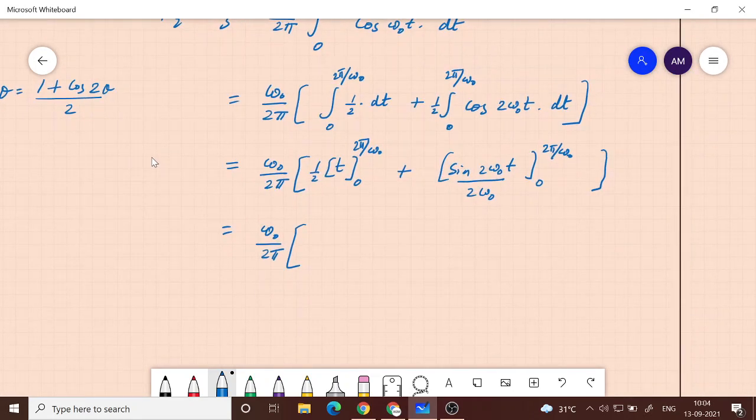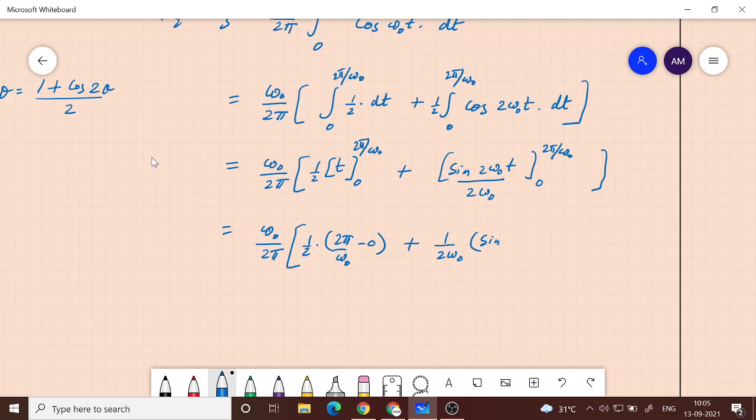Okay, so now let's put the limits. There is a half here, and then the upper limit we have 2 pi by omega 0 minus 0, plus 1 by 2 omega 0. If you put the upper limit, that is sine of 2 omega 0 into 2 pi by omega 0. So what will you get?